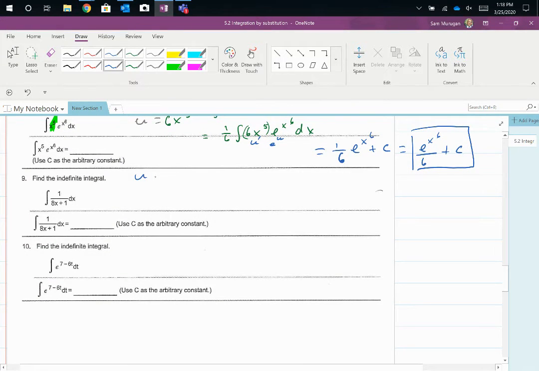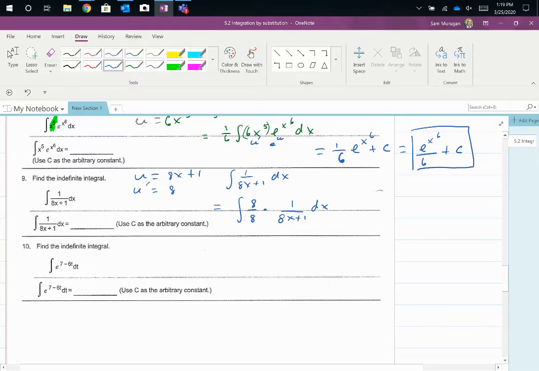So u is equal to 8x plus 1. U prime is equal to 8. So the integral of 1 over 8x plus 1 dx is equal to the integral of 8 over 8 times 1 over 8x plus 1 dx.